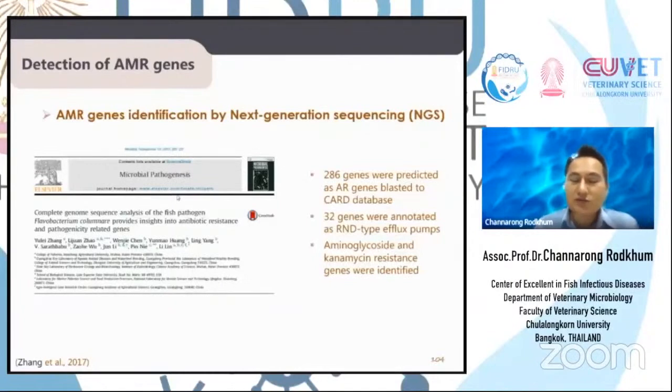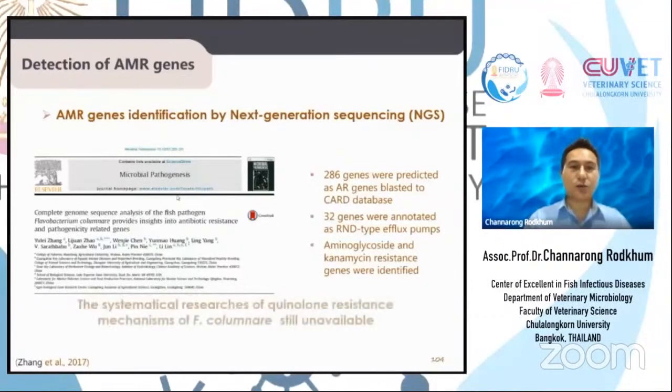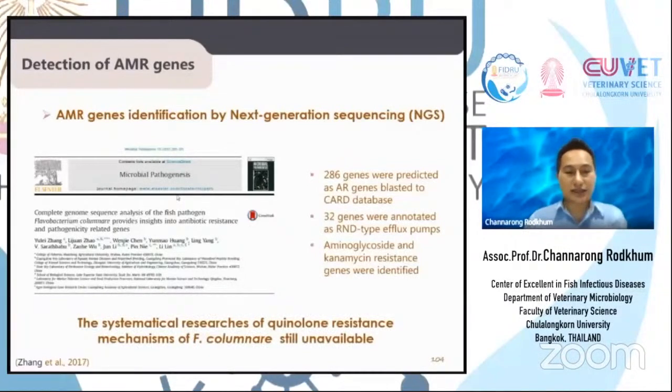You can see that it's much more feasible than having to look at the genome gene by gene. When you use bioinformatics to analyze the whole genome sequence, you can find all antimicrobial resistance genes, or study the mechanisms of antimicrobial resistance in the bacterial genome using NGS.